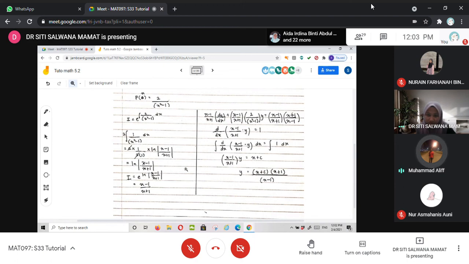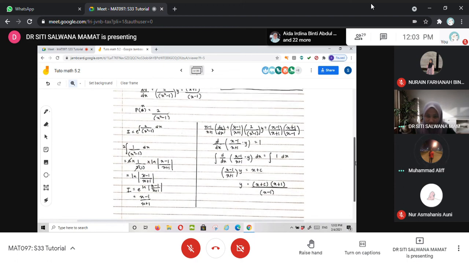Then the third step is saya akan dapat d over dx in a bracket (x minus 1 over x plus 1) times y equals to 1. Okay.